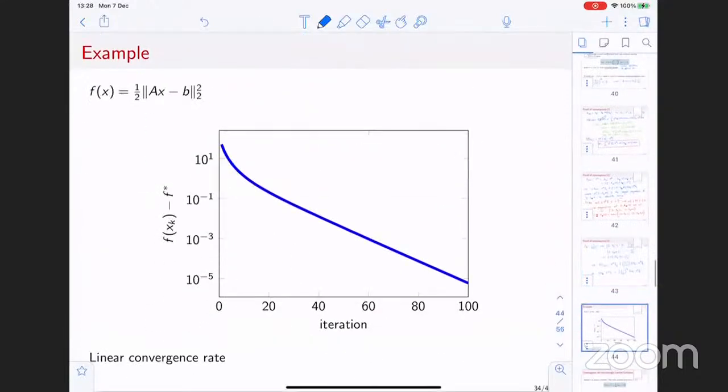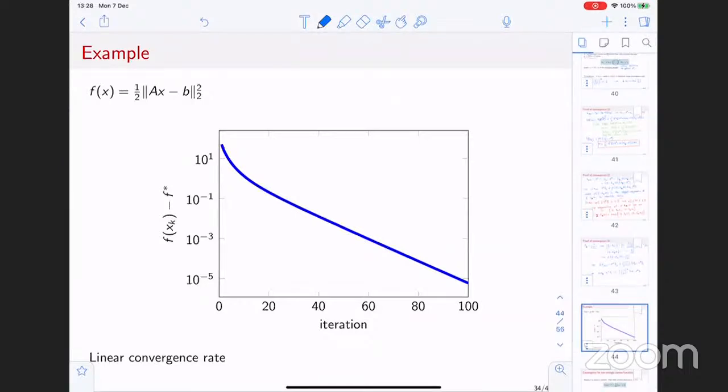So I've implemented the method on a simple example, on the squared loss, the linear regression problem that we've seen this morning.